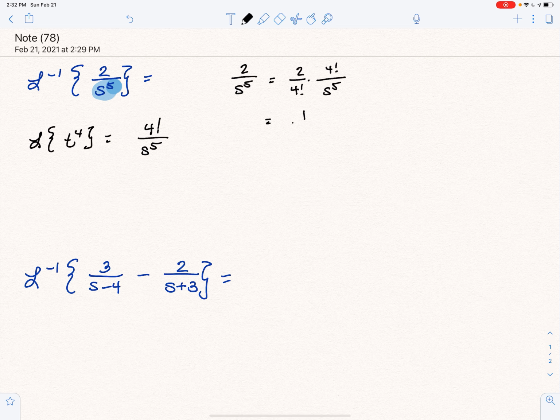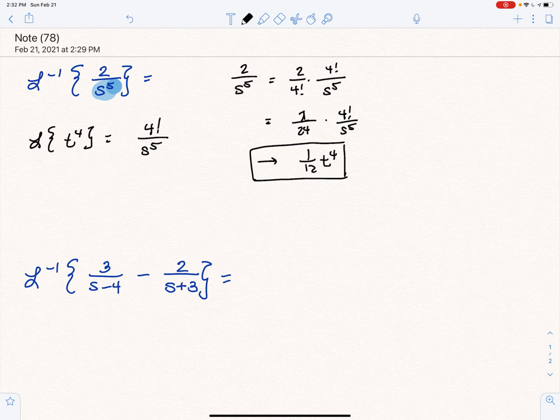And that is 2 over 24 times 4 factorial over s to the fifth. So that means that the inverse Laplace transform that I'm looking for is 1/12 t to the fourth. 1/12 because of the constant multiple, 4 factorial over s to the fifth goes directly to t to the fourth. So as you can see, we're just basically manipulating constants here.